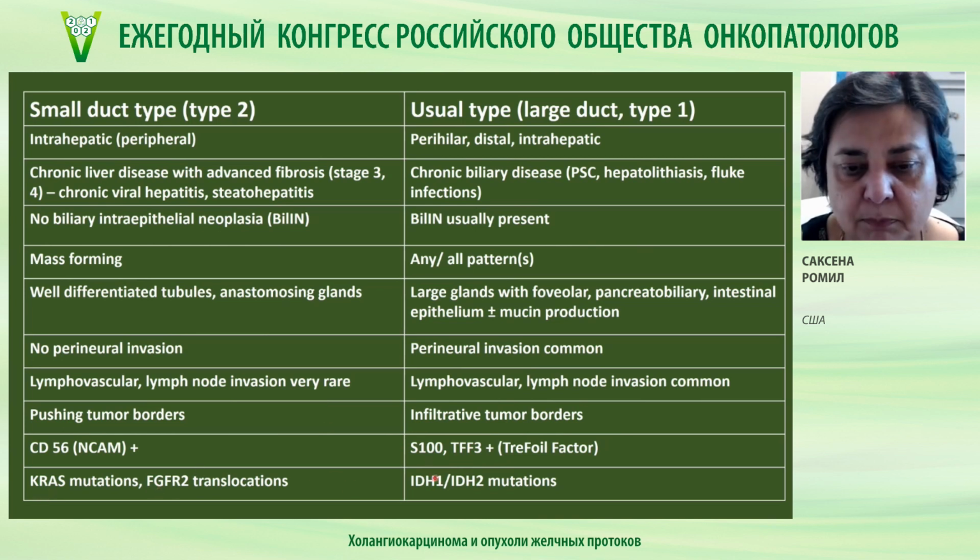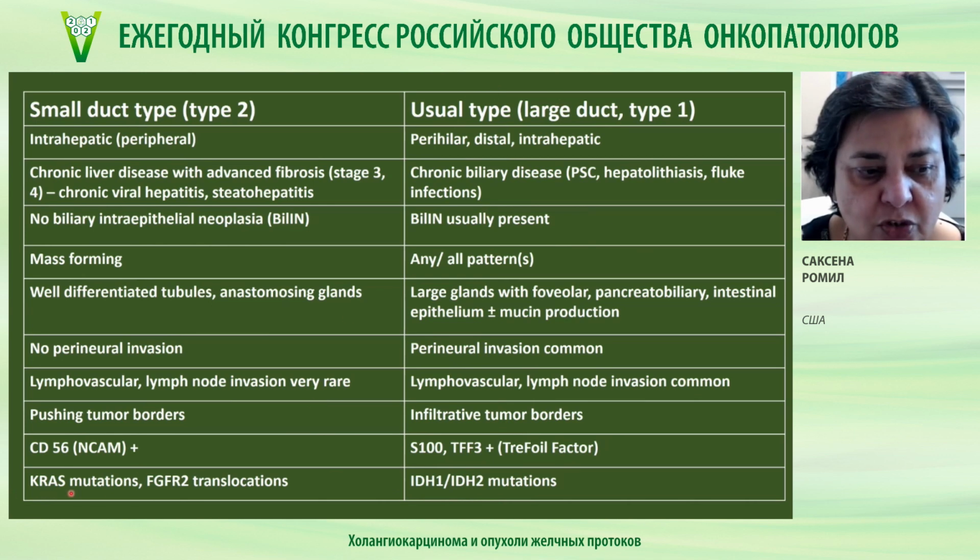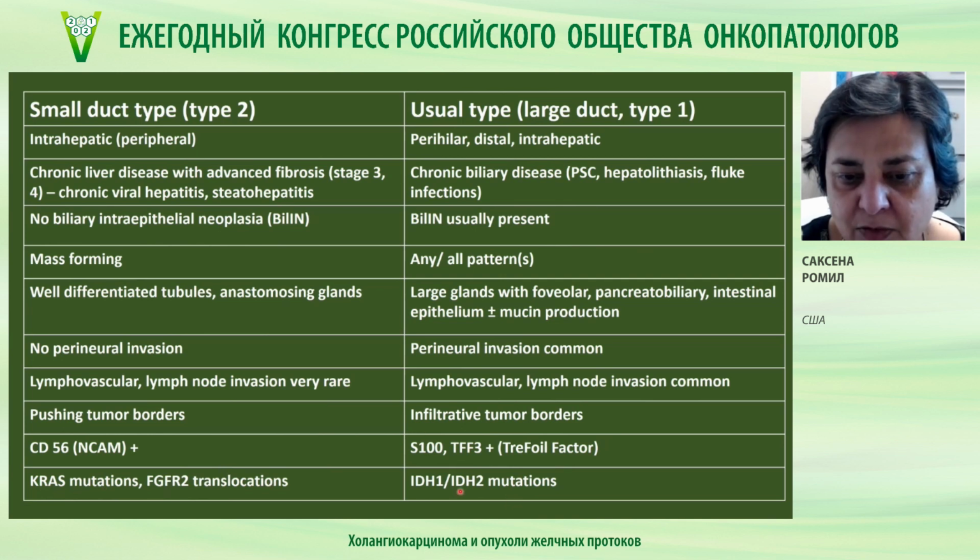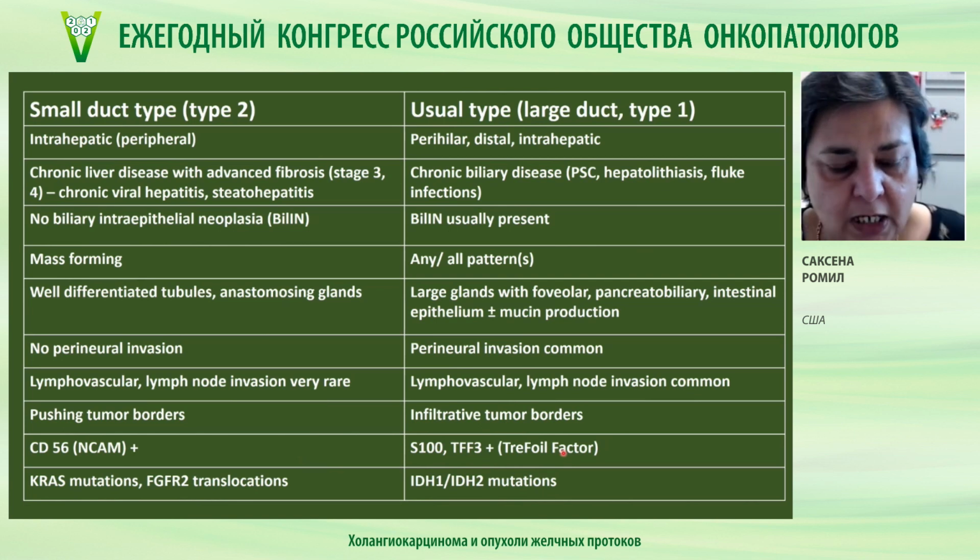The small duct type has mutations of IDH1 and IDH2, whereas the usual duct type has mutations of KRAS or fibroblast growth factor receptor 2 translocations. So this is the large duct type, and this is the small duct type. I'm sorry, I made a mistake in this table.